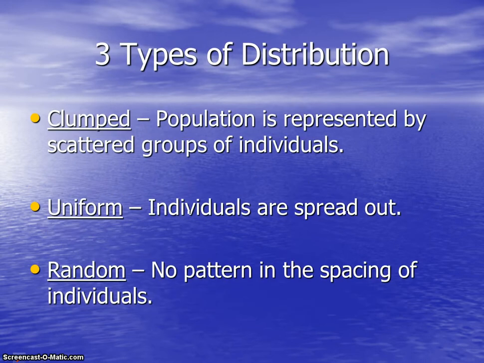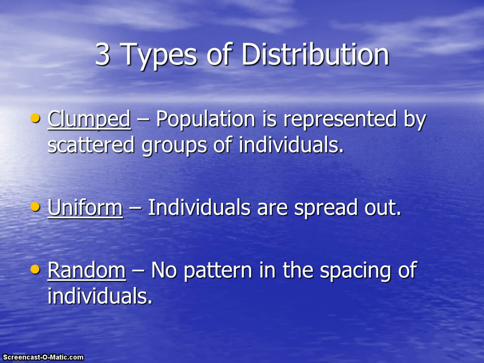But these are the three major types of distribution. You can have a population that is clumped, uniform, or random. A clumped population is where you have a group of individuals that are scattered about within a particular area. Uniform is where they're more spread out uniformly. It's easy, no other way to say that one.